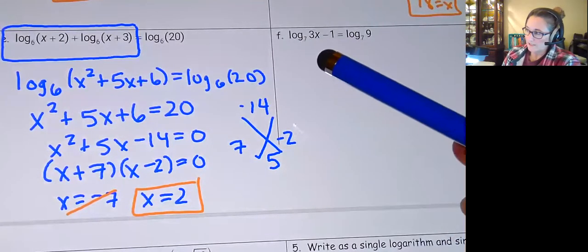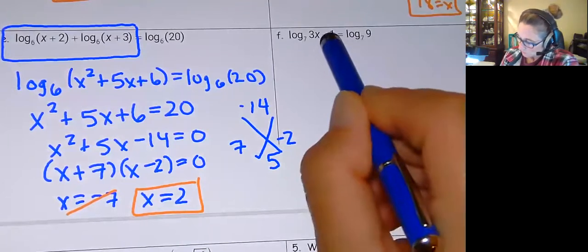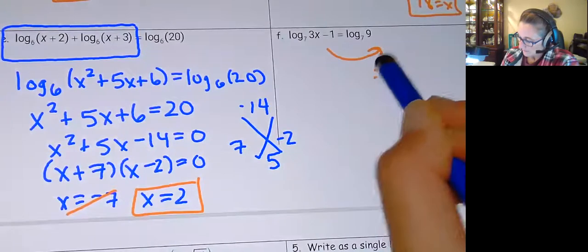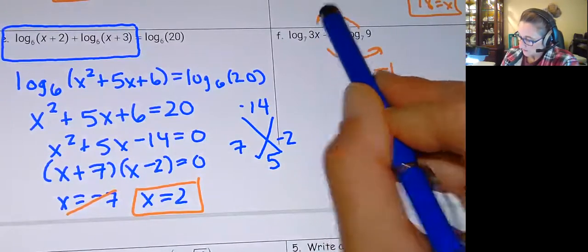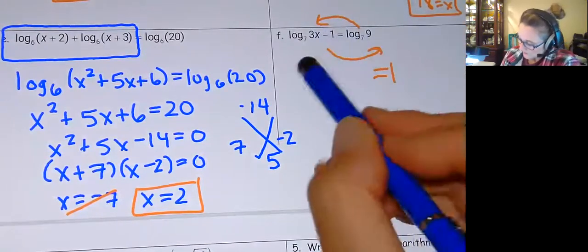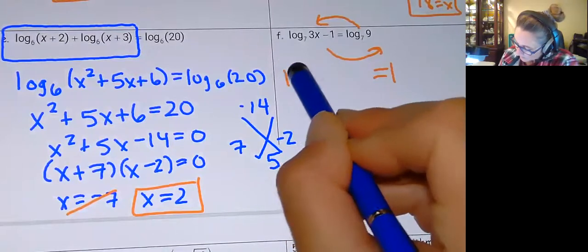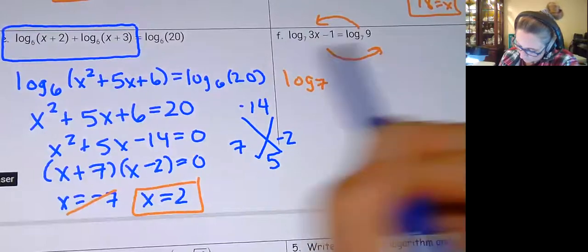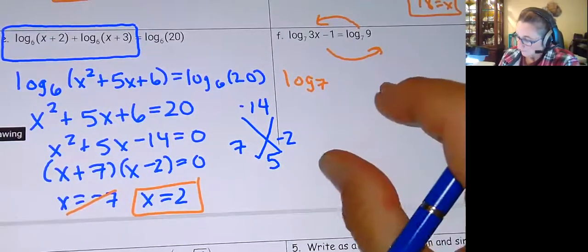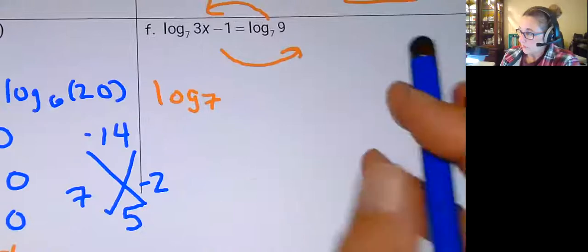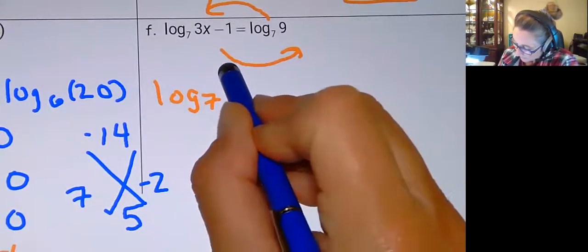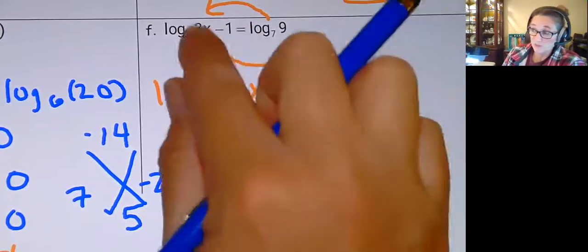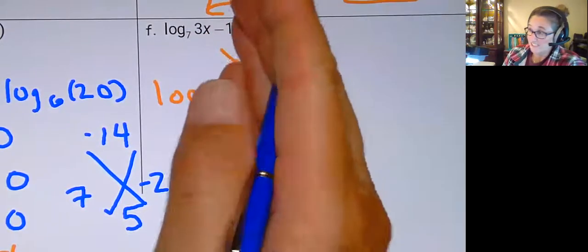So what I personally would do is bring my negative 1 over here, making it a positive 1, and bring this log over to the other side. So I'm going to have log base 7 of, I'm going to put parentheses, it's log of 3x. There's no parentheses around this whole thing. That minus 1 has nothing to do with that.